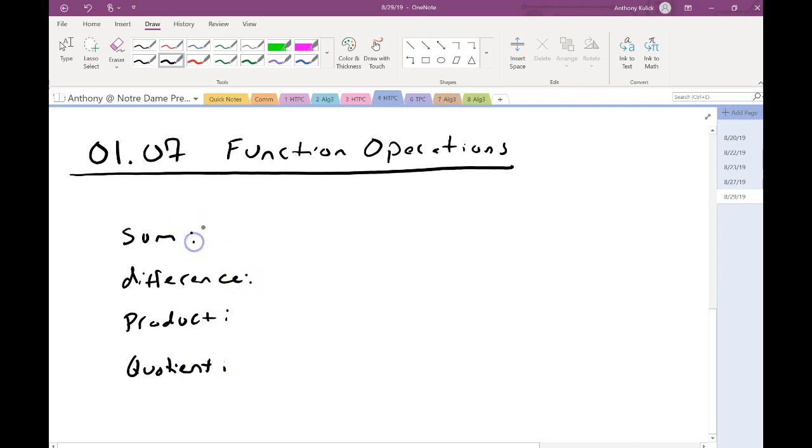And if I look at the sum of two functions, so if I look at f plus g of x, this is really easy to compute, and I think all of us would guess immediately that the way to evaluate the sum of two functions is to just add the individual functions.